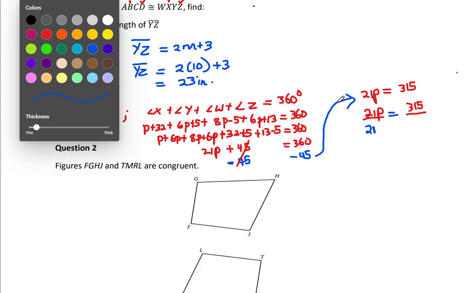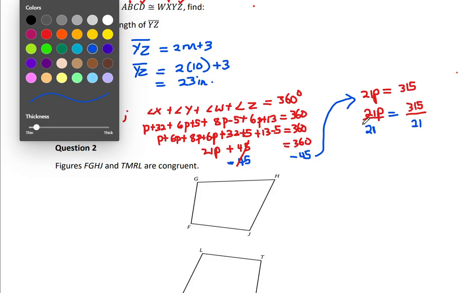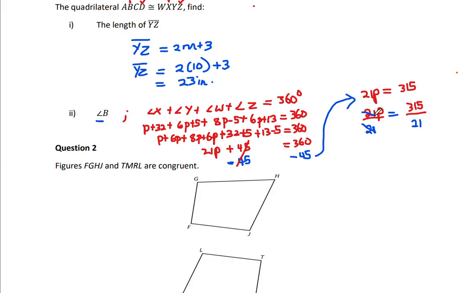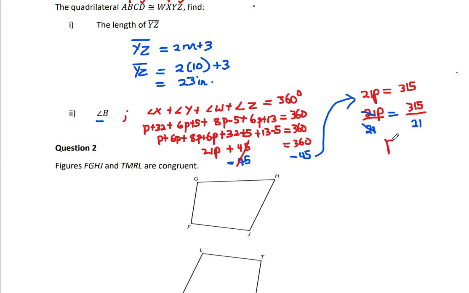So I'll have to divide the right-hand side by 21 as well. On the left side, 21 divides into 21 once, leaving us with only P. So P is equal to 315 divided by 21, and that will give us the answer of 15. So P is equal to 15.